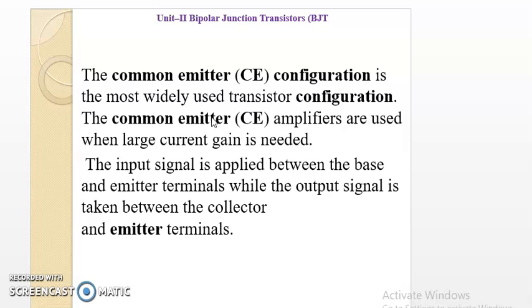The input signal is applied between base and emitter, whereas output is taken between collector and emitter terminals. Among the three configurations, common base, common collector and common emitter, the one mostly used in amplifier cases is the common emitter configuration.